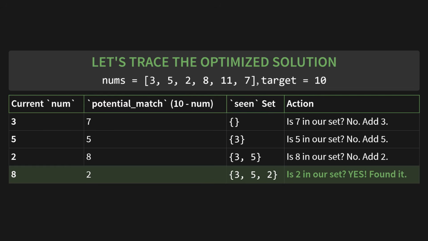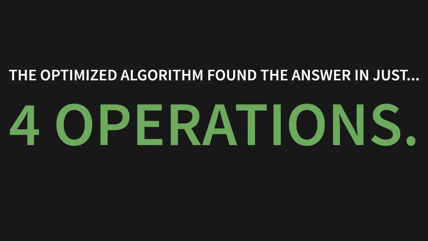Our seen set has 3, 5, and 2. Is 2 in our set? Yes, it is! We found it! Return true. The optimized algorithm found the answer in just 4 operations.